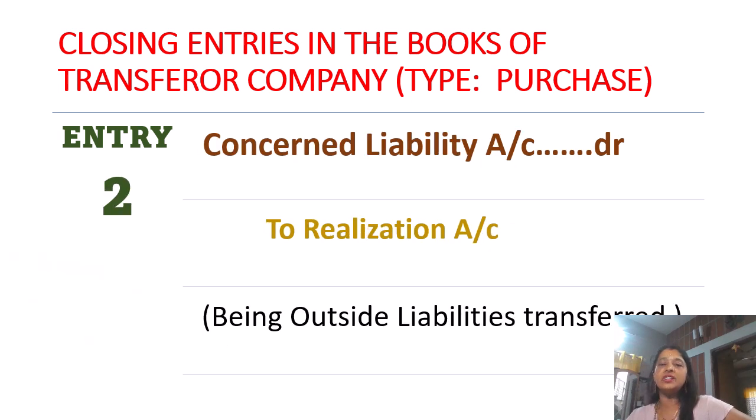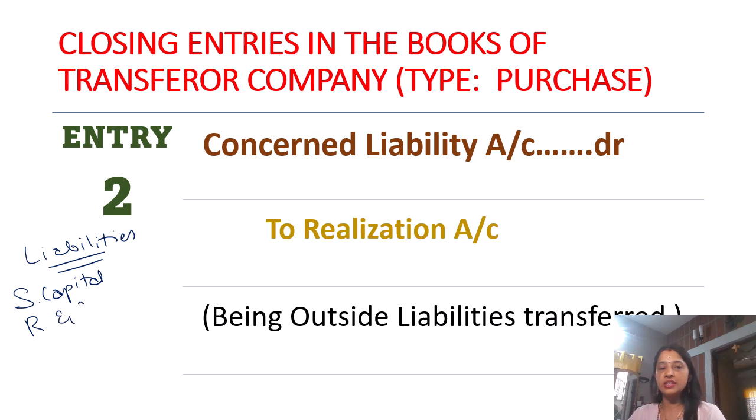The second entry is transferring all the outside liabilities. Now in the balance sheet, if we talk about liabilities, the first liability is share capital. Next is reserves and surplus.